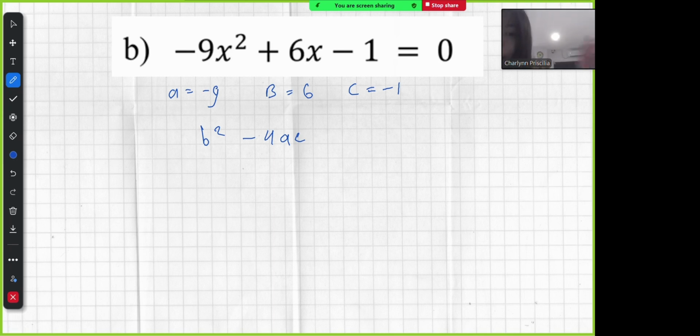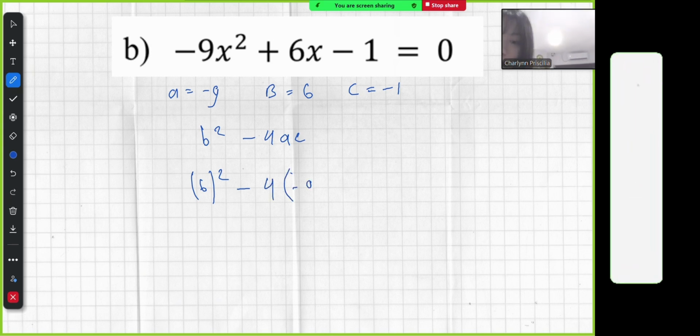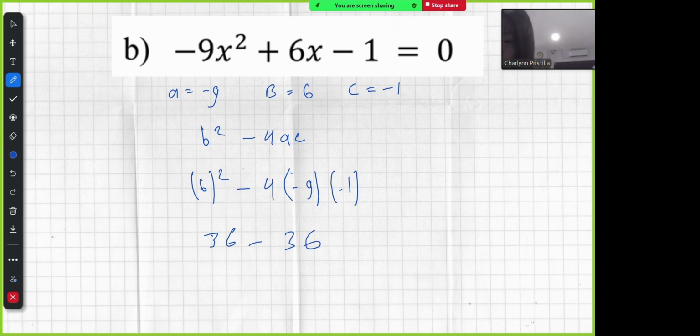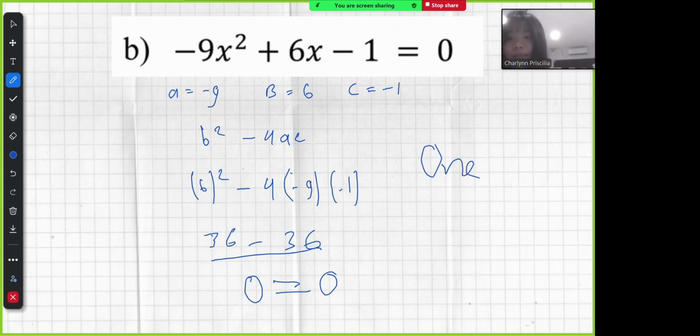The first step: 6 squared minus 4 times A, which is -9, times C, which is -1. So 6 squared is 36, and minus 36 gives 0. So the answer is 0, which means, as mentioned just now, there is one real solution.